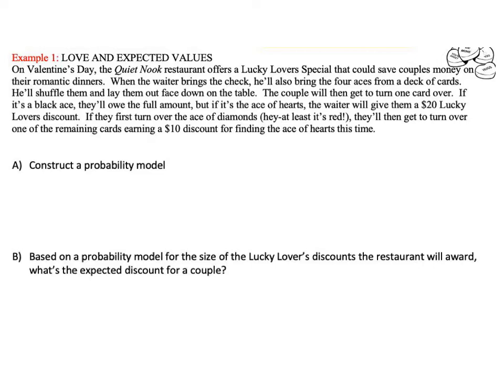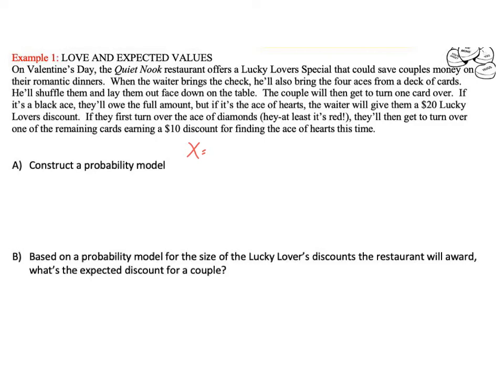So we're going to construct a probability model. And before we do that, let's actually define our random variable. And again, we use capital letters. So I'm going to use a capital X, and what does it represent? Well, it's always a numeric value based on the outcome of a random event. So what's the numeric thing?